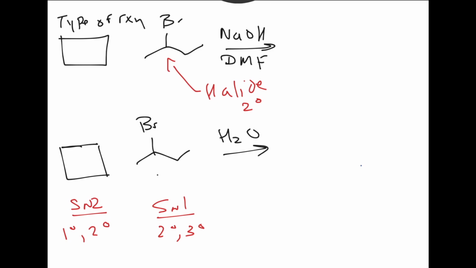The next thing you want to do is look at your nucleophile. Is my nucleophile charged or uncharged? The super easy way to make this decision quickly is to ask yourself, does it have a metal?